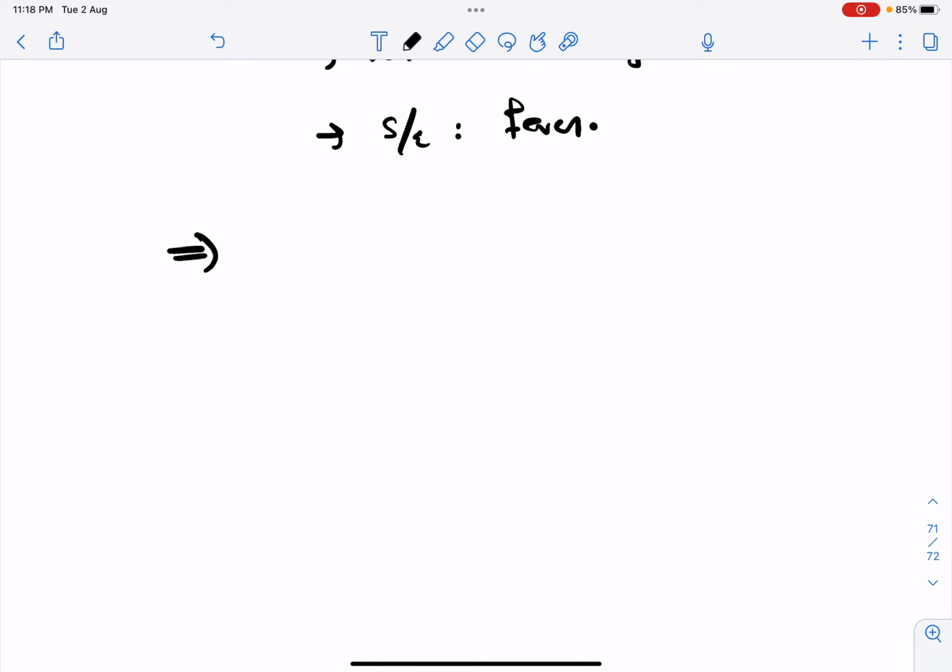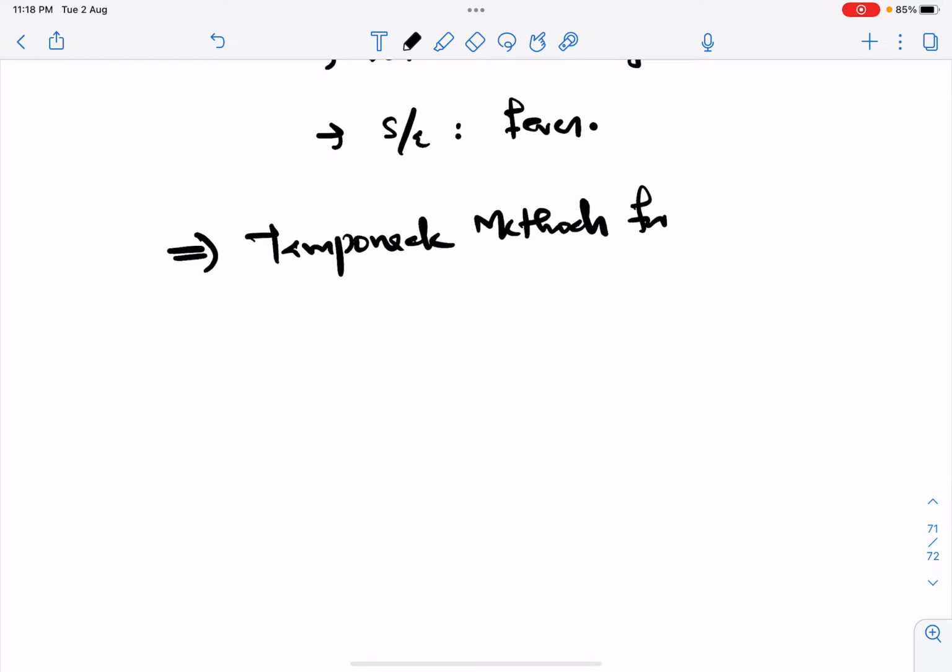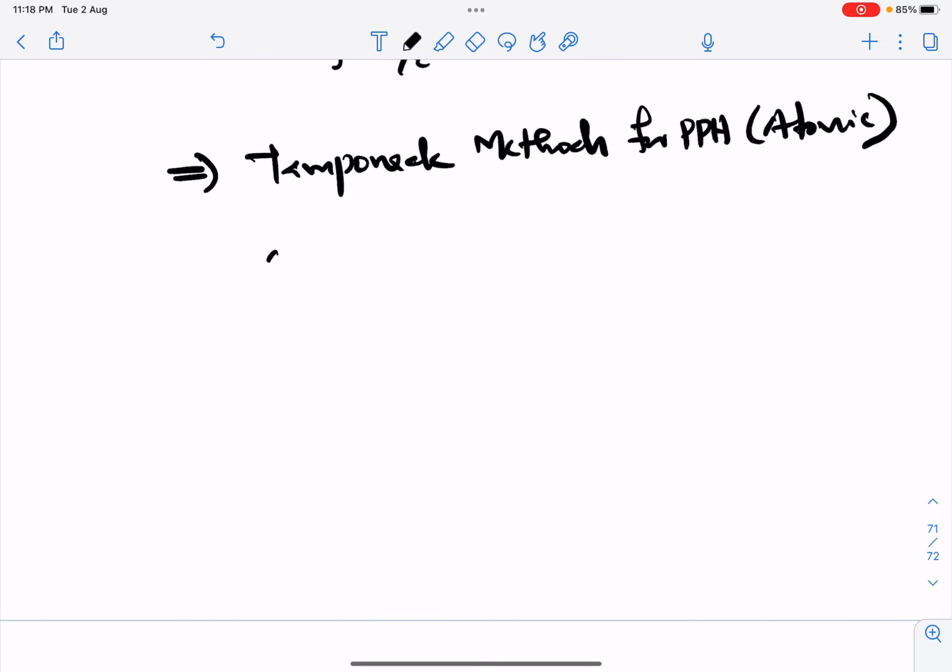There are also certain tamponade methods to control atonic PPH. The first tamponade method is bimanual compression.